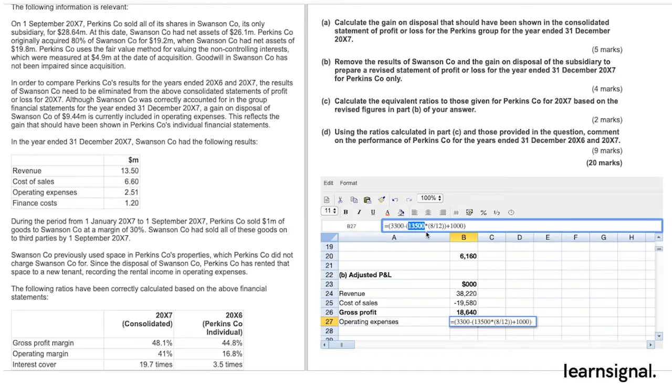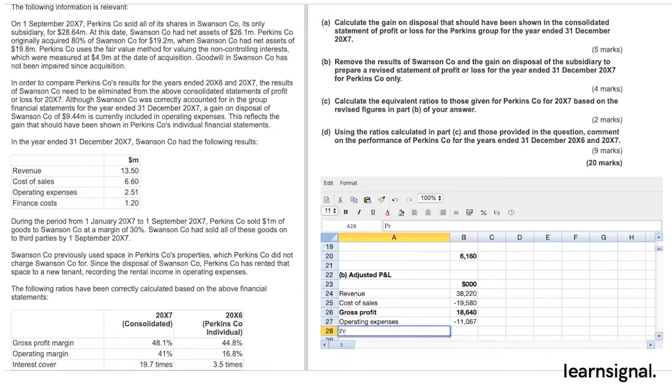You're told the operating expenses for Swanson at the end of December is 2.51 million. Again, you multiply that by 8 over 12. And you also have the profit from the disposal, which is the 9.44 million. Again, similar to what we did for the cost of sales earlier, we'll make that all a negative number because they're all operating expenses. And then you have your profit from operations.